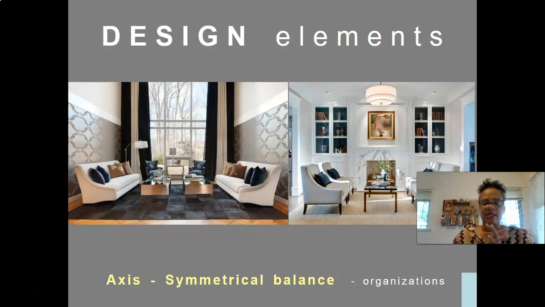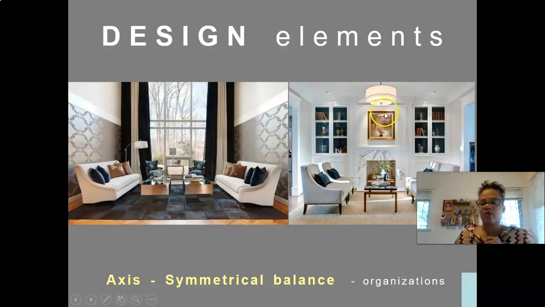So when I'm looking at spaces, I can determine their balance, whether it's symmetrical or asymmetrical, by imagining the axis. If I'm imagining the axis here, I'm pretty sure that if I fold this, it's going to be very symmetrical for the most part, right? Because I always have a lamp on one side or something is going on. So not perfectly symmetrical, but in terms of the main pieces, it's a very symmetrical space.